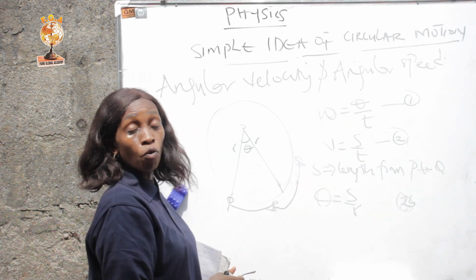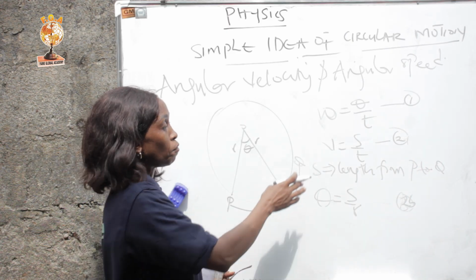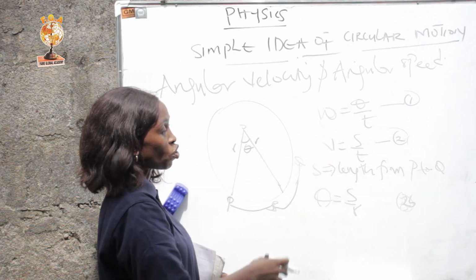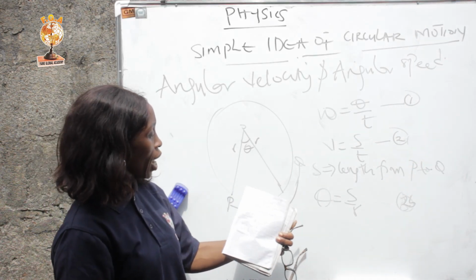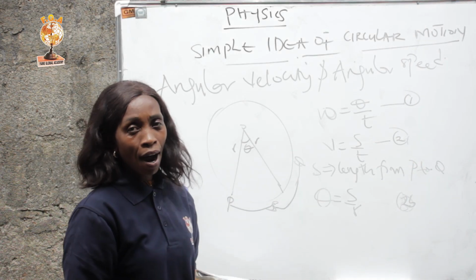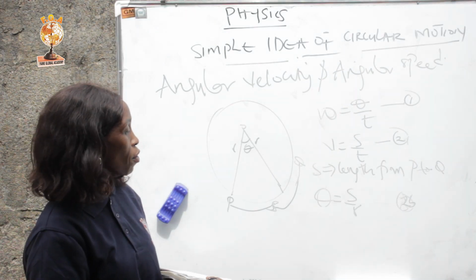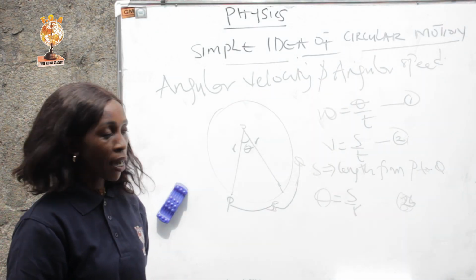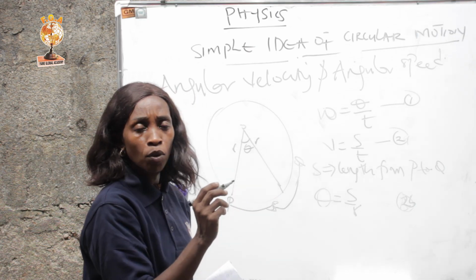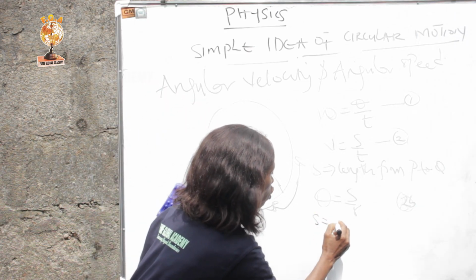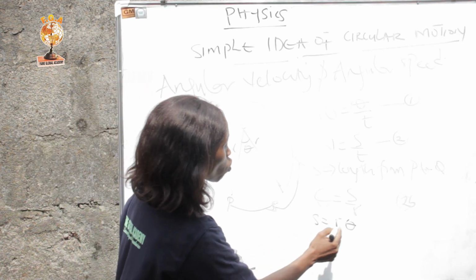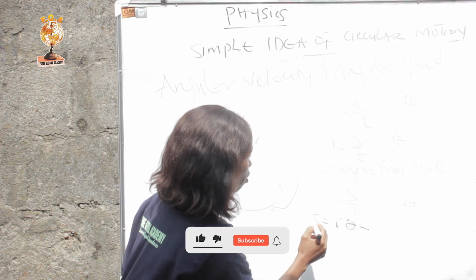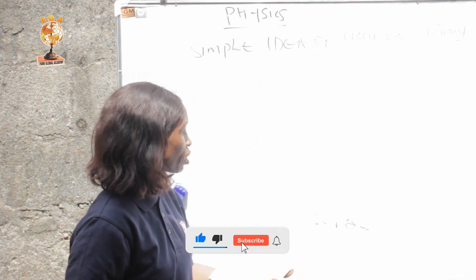So relating it to linear velocity, V is equal to S over T, where S represents the length from P to Q. And theta becomes S over R, where R is the radius of the circular path. Now if I make S the subject, the formula becomes S is equal to R theta. So if I input this into the equation, wherever I have S, I put R theta.